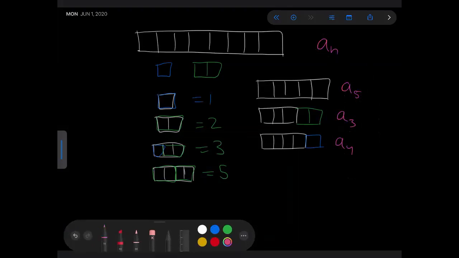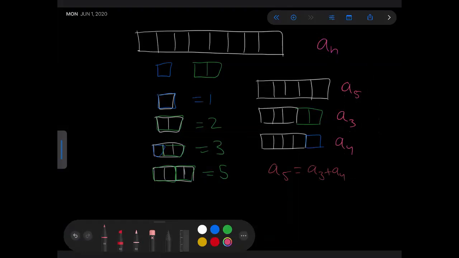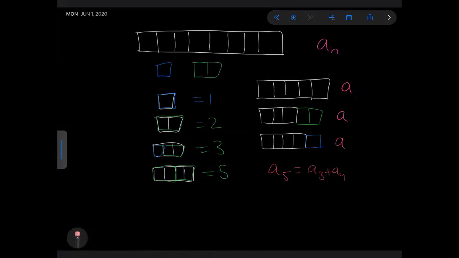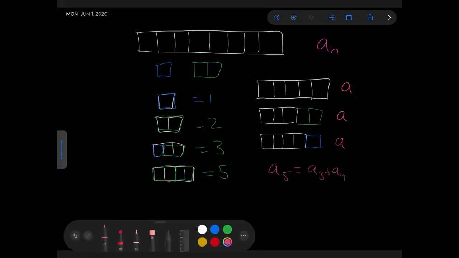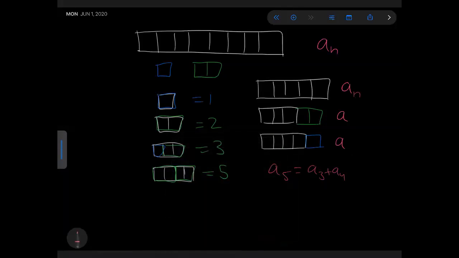This says that a sub 5 is equal to a sub 3 plus a sub 4. What if you had a block of length n? Same logic applies. This is a block of length n. This will be n minus 2, and this will be n minus 1. So a sub n is equal to a sub n minus 2 plus a sub n minus 1. This is exactly what our Fibonacci sequence is.